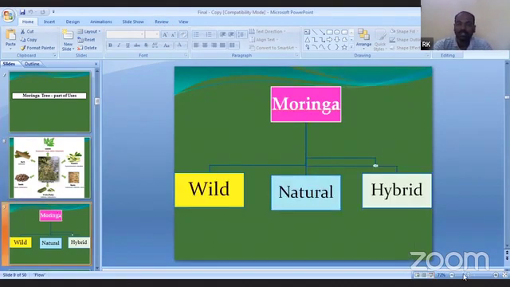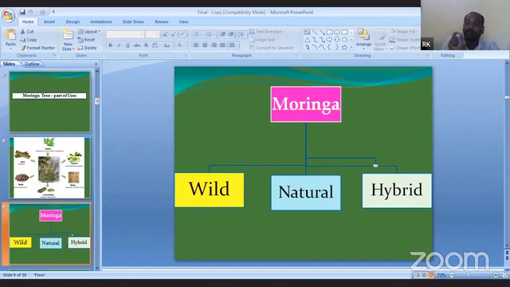Second, now we come to our cultivation. So I go first. The first thing: Moringa has three categories. Why separate into three? Because wild Moringa is available in forest areas.